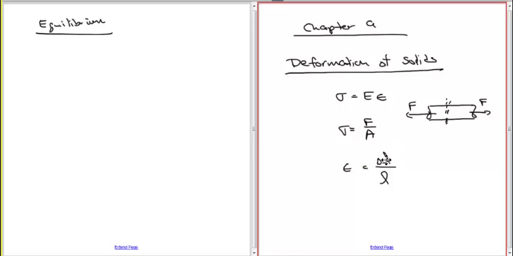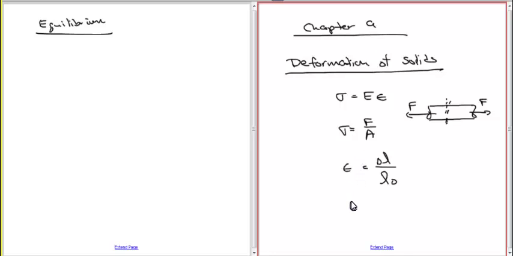It's the change in length divided by the original length of the object. This is usually a very small number, except for things like rubber. So things like steel, copper, glass, concrete, pretty much anything except for rubber, this strain can be a very small value.